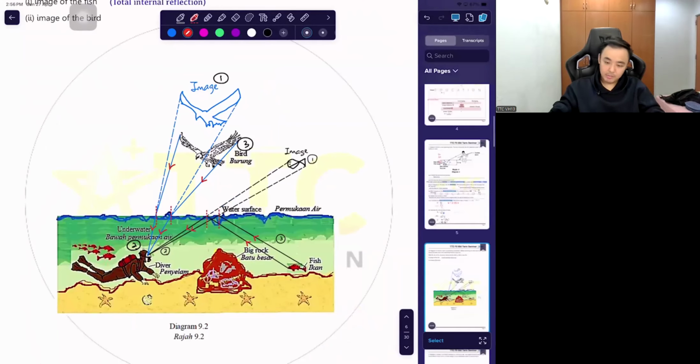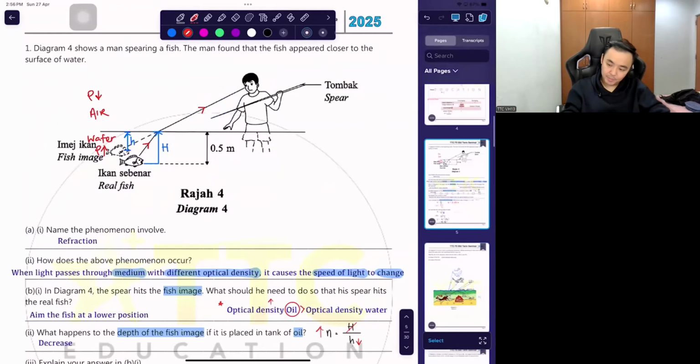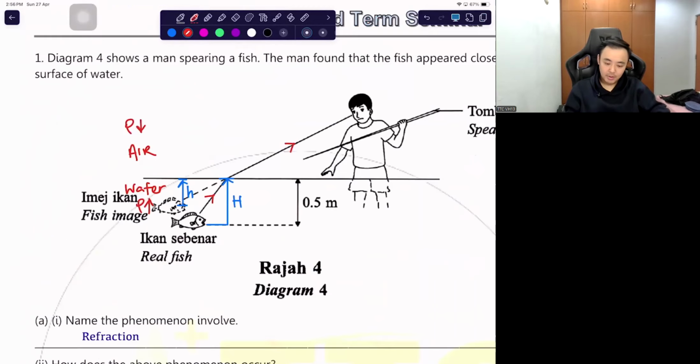Okay. Now, this one you see the light from the fish is from here, right? But then the thing is, when you go from denser to less dense, supposedly light travels straight, now they bend away, right? So when they bend away, less dense, bend away, you look straight, the image will appear here. That's why they look shallower. So if your eyeball is in the air, your object is in water, then they will look closer.